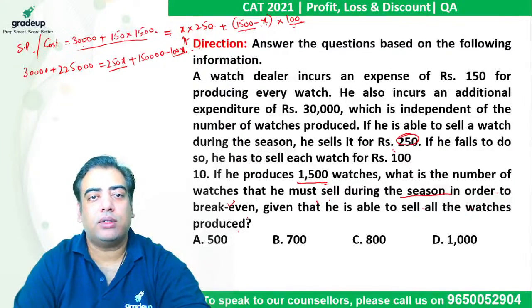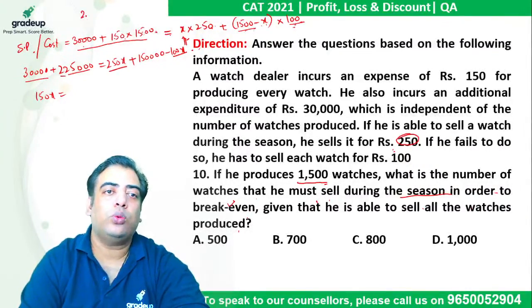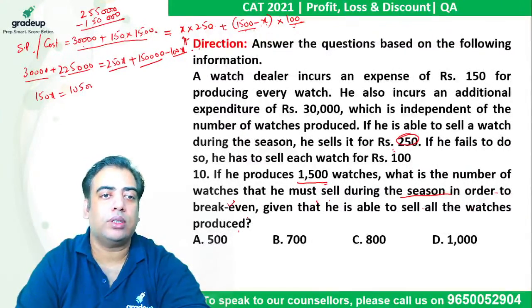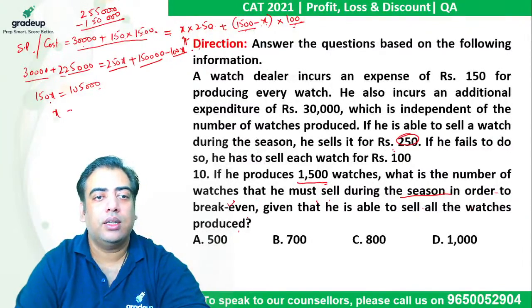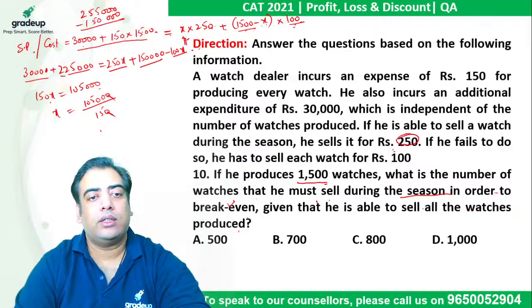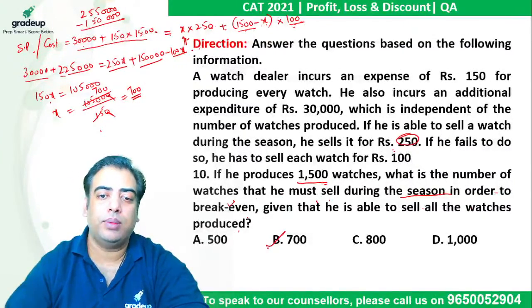Now 250 minus 100 comes out to be 150x, which equals 2,25,000 plus 30,000 is 2,55,000, minus 1,50,000. The difference of these two comes out to be 1,05,000, which is going to be the value of 150x. So X is 1,05,000 upon 150, zeros get cancelled out. So 15 times 7 is 105. So X comes out to be 700. So guys, the correct answer option will be B.